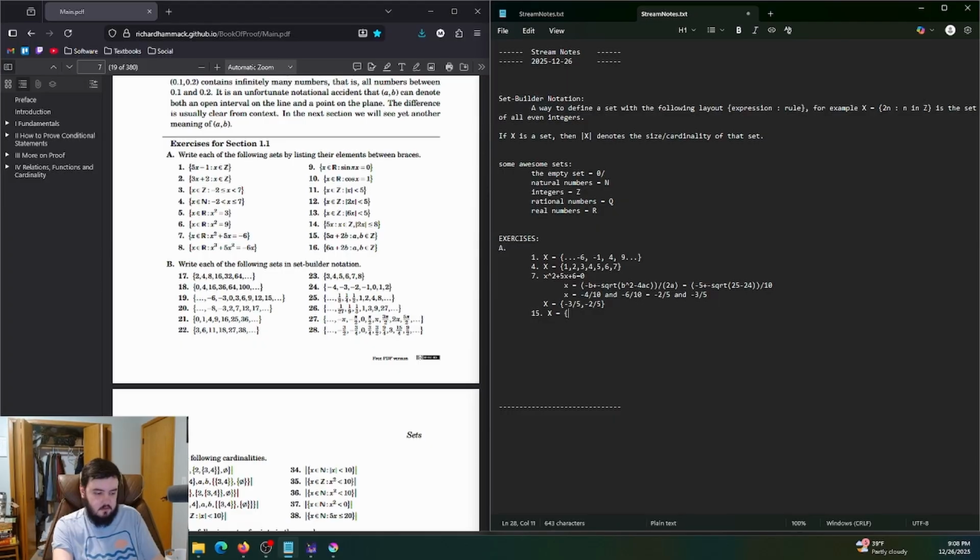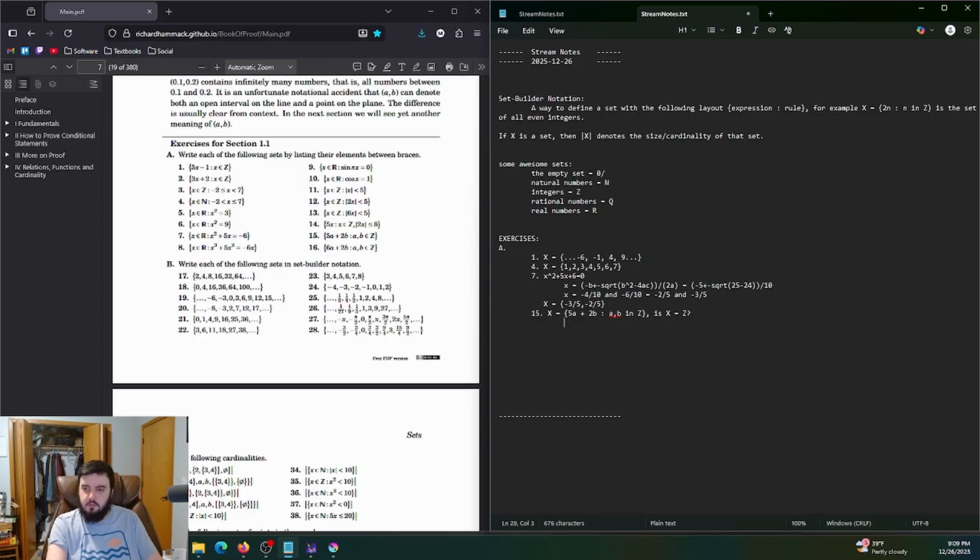Let's write down x: 5a plus 2b such that a, b are in Z. Okay, so is x equal to Z? Let's figure that out.